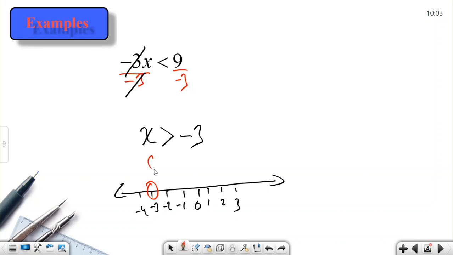Let's use 0. Is 0 greater than negative 3? Is 0 in the solution set? Yes, it is. 0 is greater than negative 3. It's true. So the right side of my checkpoint, negative 3, is the solution set. All these numbers are true for the given inequality.